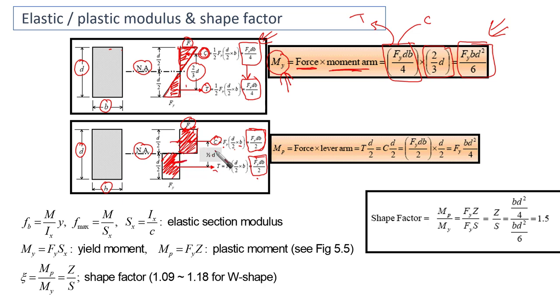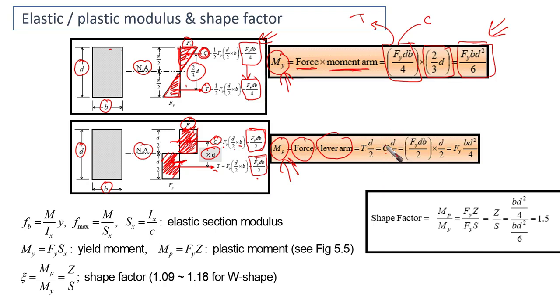And the distance between the two is the distance between the centroids. Take care, it is going to be half D, half of the distance, because it is the center between the centroids of the rectangles. This means that our M plastic is going to be the force times the lever arm, and here it is going to be T times D over 2, or C times D over 2, both are okay.